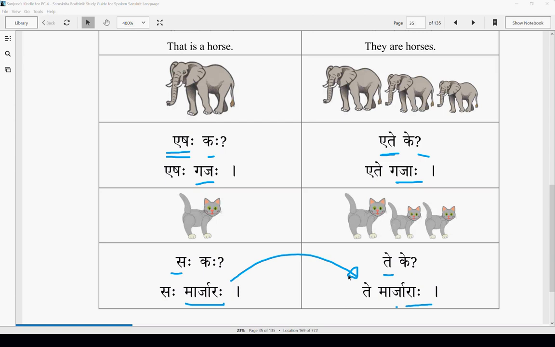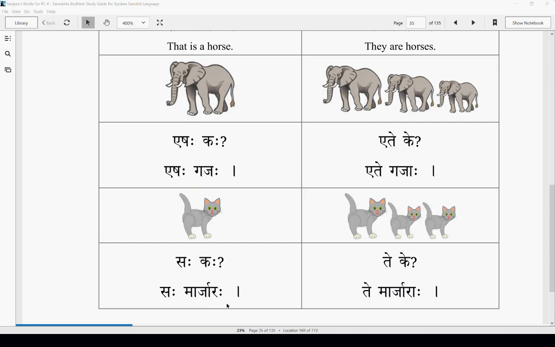That is Ekavachanam to Bahuvachanam. For those words ending in A and Visarga in Ekavachanam, like we saw Balaka, Ashwa, Balaka, Ashwaha, Gajaha, Marjaraha. Similarly, what will Parvata become? Parvataha.